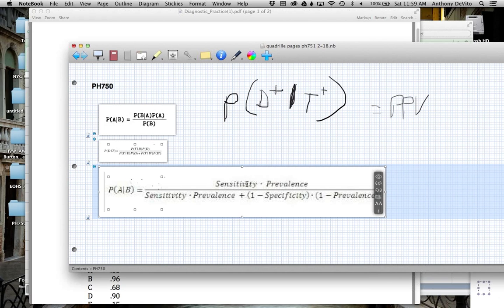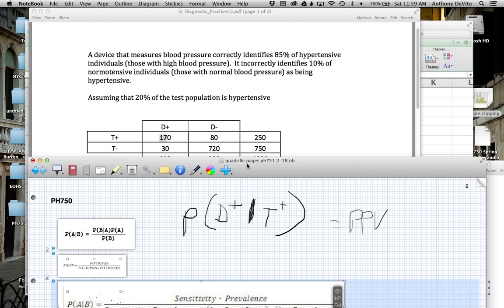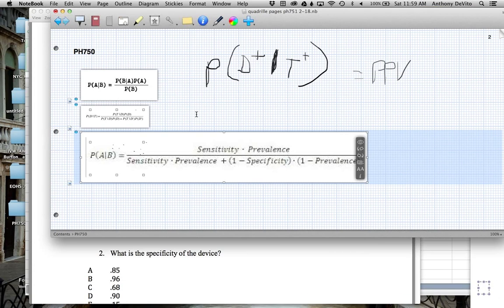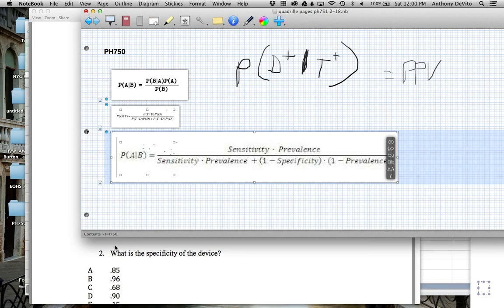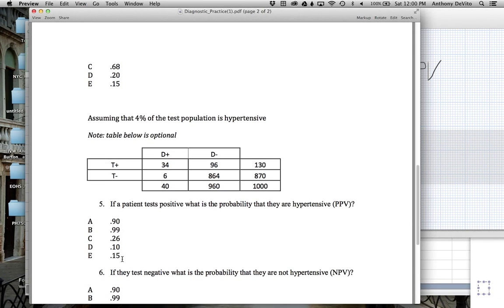If you know the sensitivity, the prevalence, and the specificity, the first three things we figured out, you can plug them into this formula to figure out the positive predictive value. Instead of A and B, you would have the probability of disease given that you tested positive. With a little bit of work, you could plug it in there and actually calculate that.